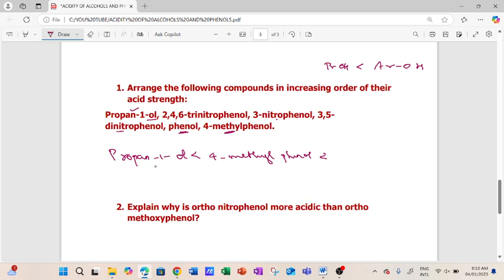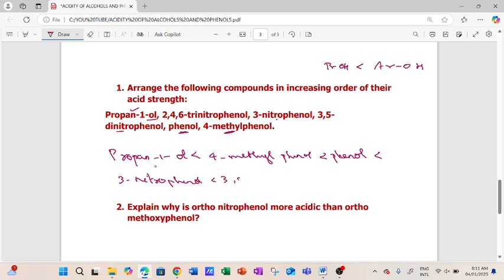Then phenol. Phenol is the one without having any electron withdrawing or releasing group. So after 4-methyl, we can write phenol. Then we can arrange all these nitrophenols based on the number. In 3-nitrophenol, only one nitro group is there, so that comes after this.